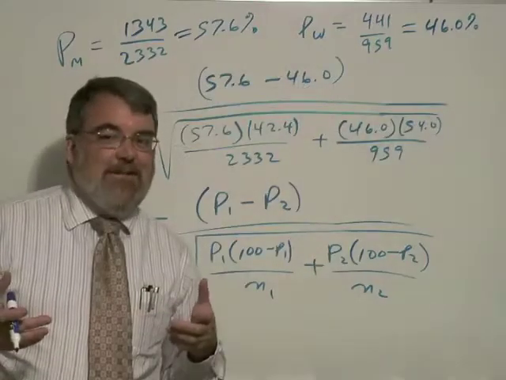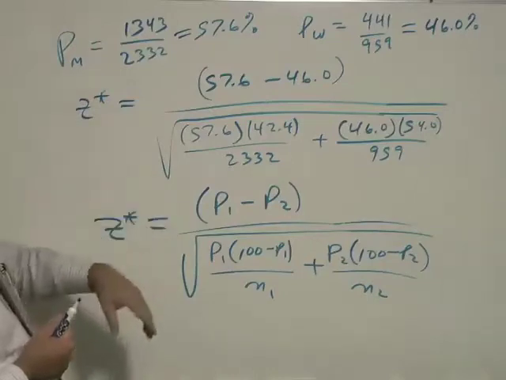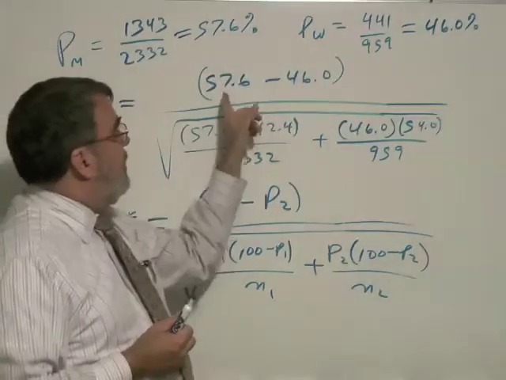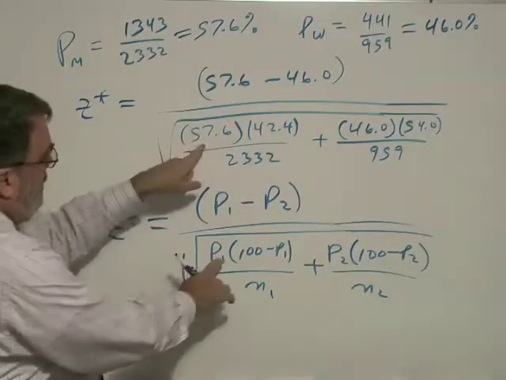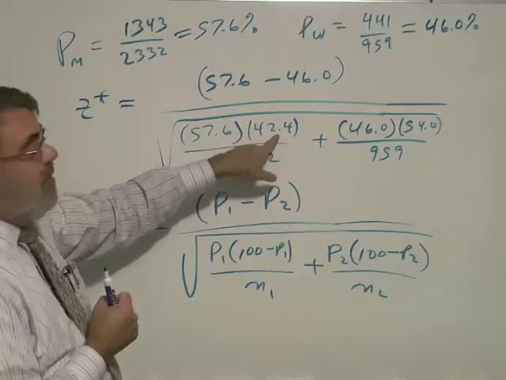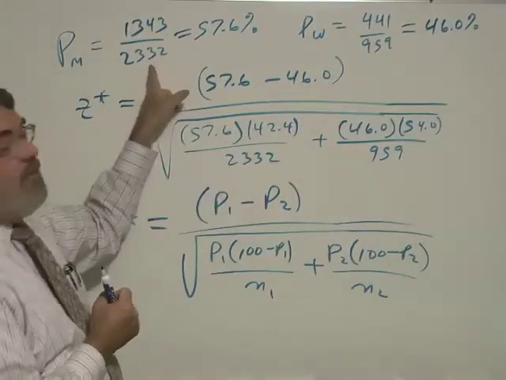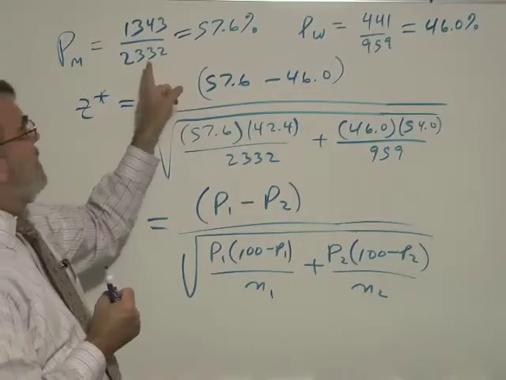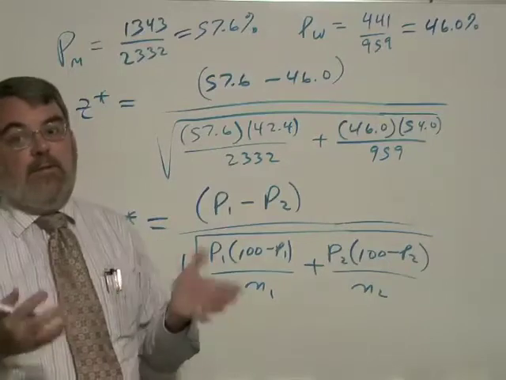I wrote out the formula for z star with the numbers plugged in. So it would be the difference in these two percentages, 57.6 minus 46.0. Then 57.6, and 100 minus this number is 42.4. And then the sample size was 2332. I didn't write down that the sample size for the men was 2,332, but that's what it is.